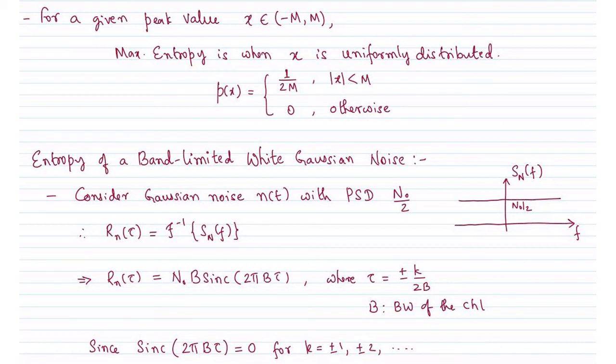So this implies that the autocorrelation R_n(tau), which by definition is the expectation of n(t) times n(t plus k over 2B), gives a value 0 at k equal to plus or minus 1, plus or minus 2, and so on.